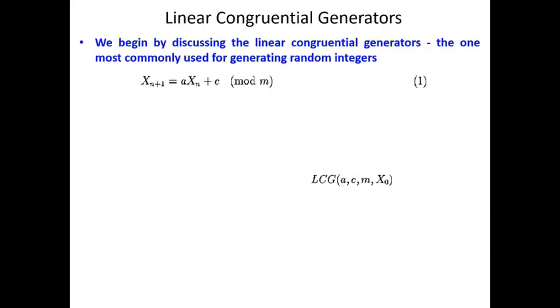So let us first discuss linear congruential generators, or LCGs. These are the most common generators used to generate pseudo-random numbers, and they were the initially designed ones.